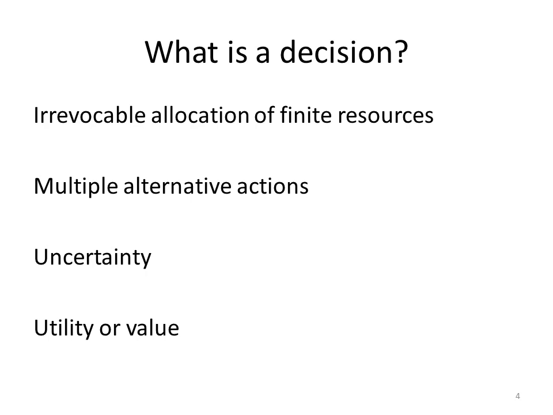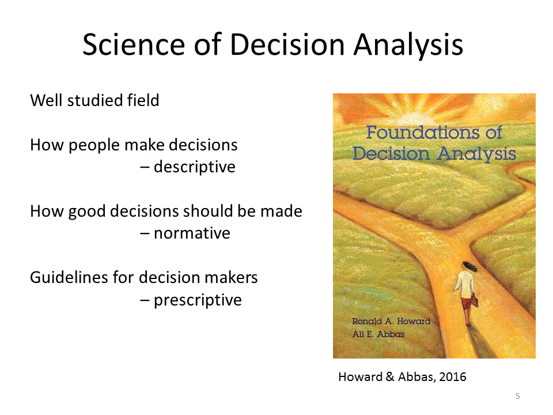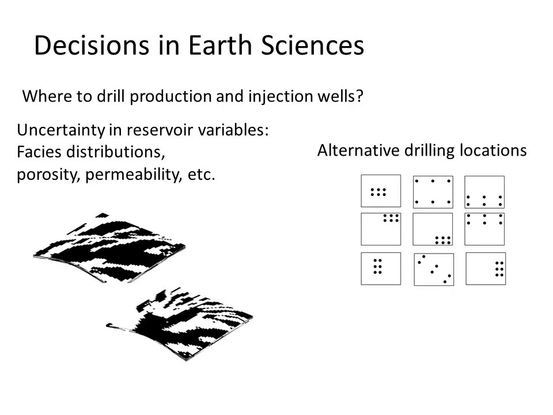So decision science is a well-studied field. Science of decision analysis describes how people make decisions, how good decisions should be made, and also guidelines for decision makers. A decision in reservoir engineering might be where to drill production injection wells.